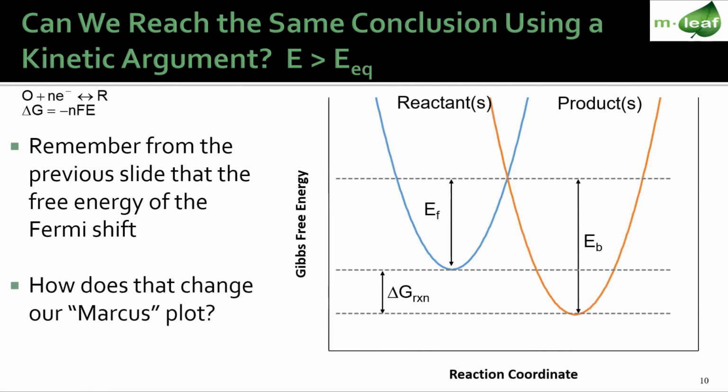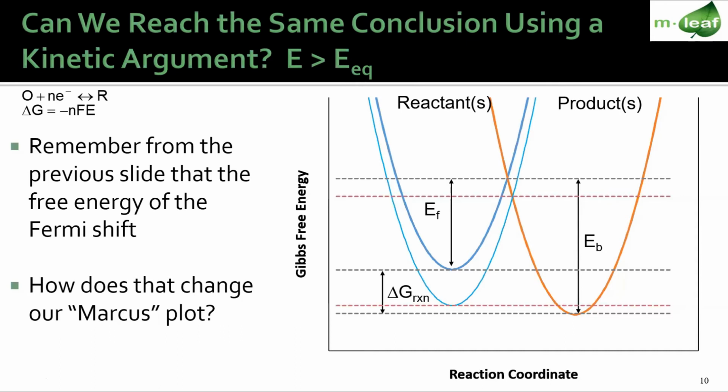And remember, we're controlling the metal. So we're looking at the free energy of the metal, and then what will happen as the reactant either donates or accepts electrons. So if delta G again is minus nFE, right, this negative matters. So when we shift the potential positive, this well shifts down.